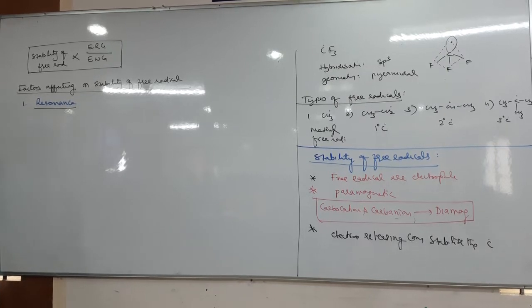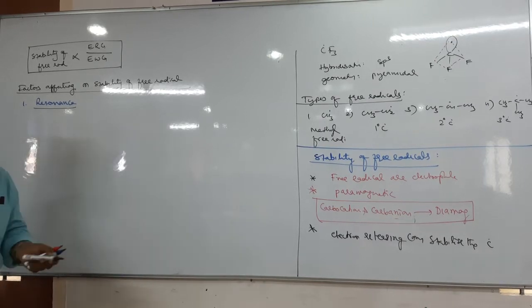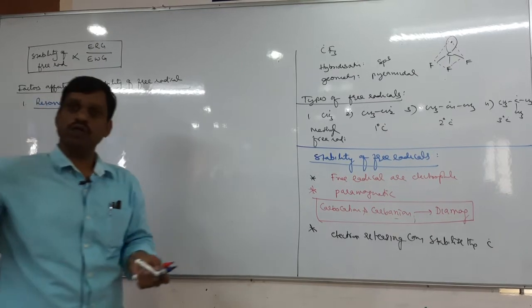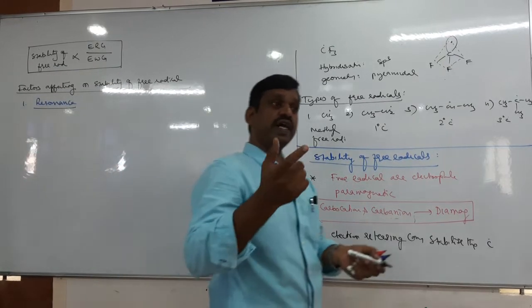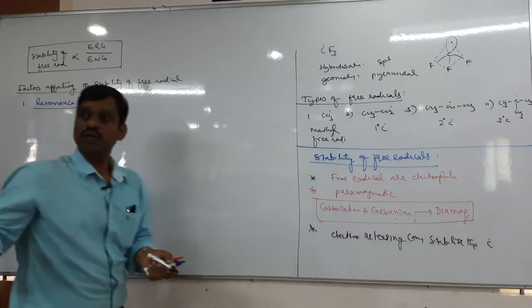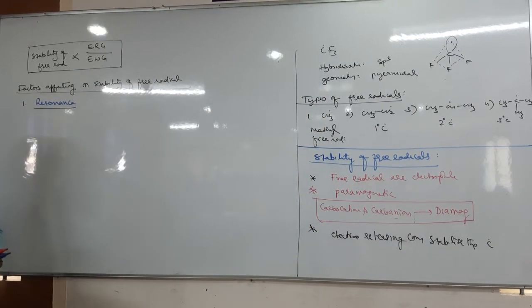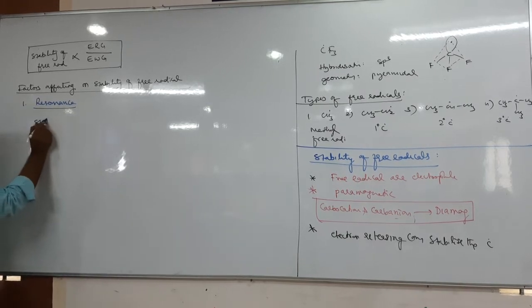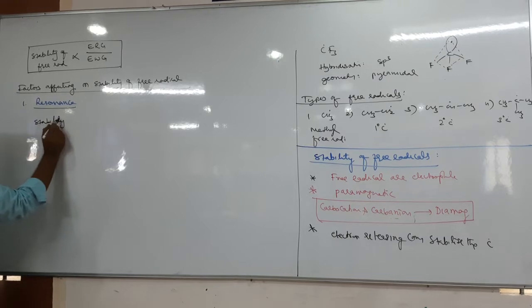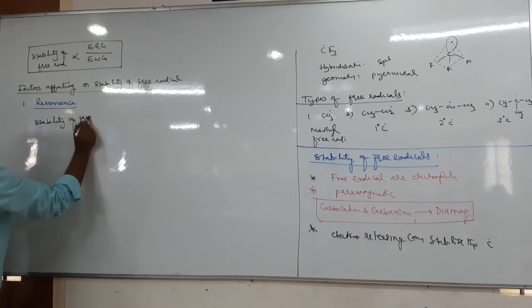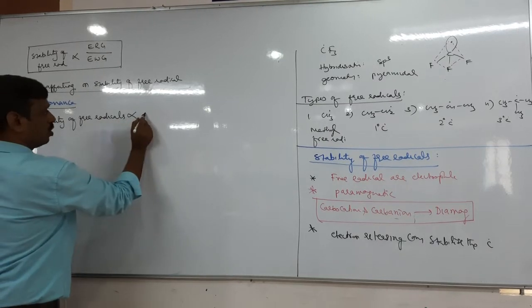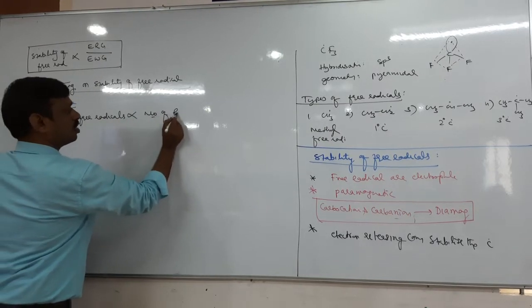So what is the effect of resonance on the stability of a free radical? Usually wherever resonance comes, it always stabilizes the molecule. Here also the stability of free radical is directly proportional to the number of resonance structures.